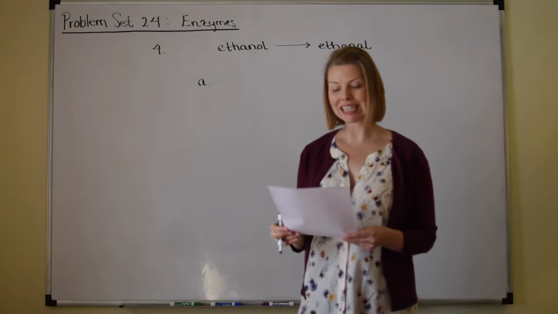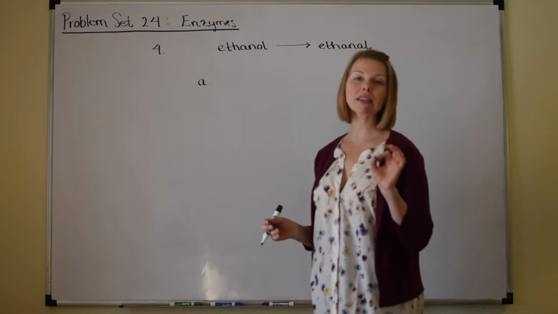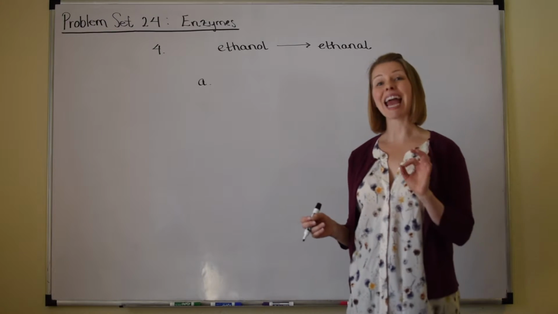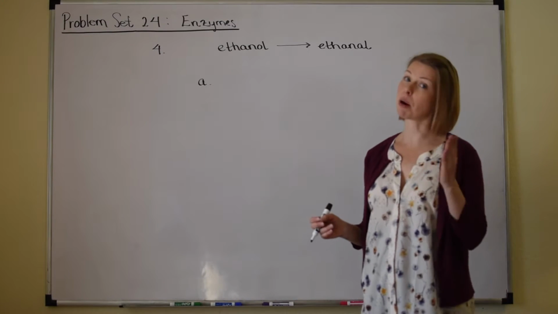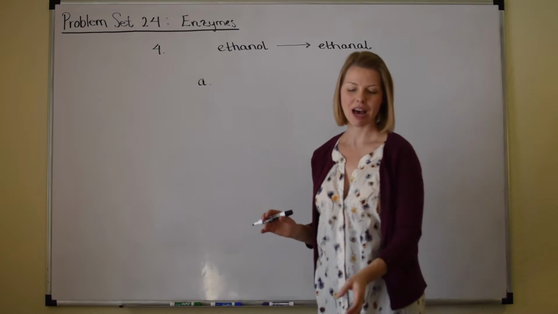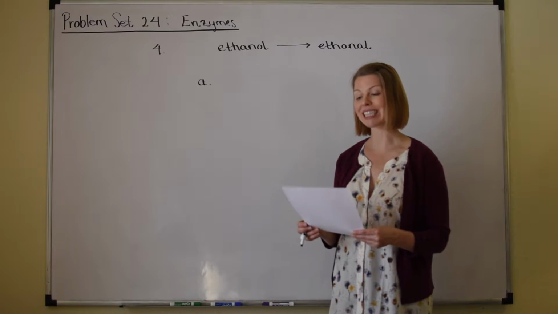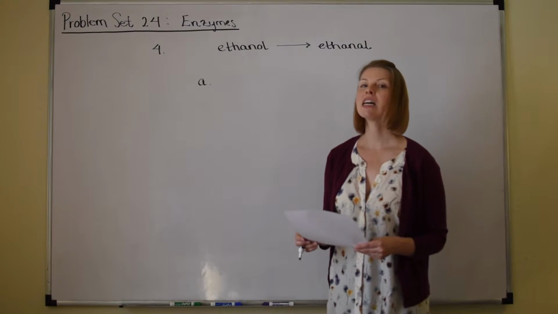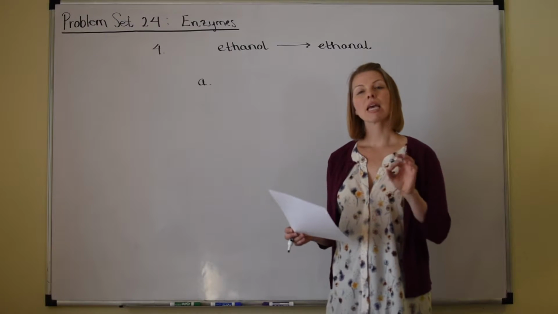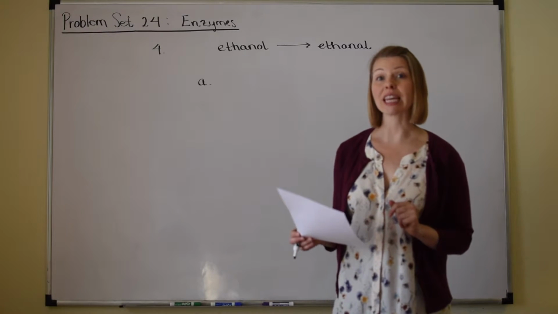Okay, so A, what is the enzyme in this reaction? Well, the best indicator of an enzyme is the ASE ending. Sometimes enzymes are named by their older names, which don't follow that rule, but in this case, you can see that alcohol dehydrogenase does end in the ASE ending. Furthermore, it's telling you a little something about the substrate that it's going to act upon.